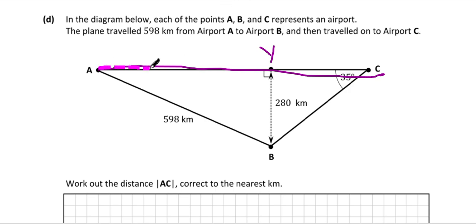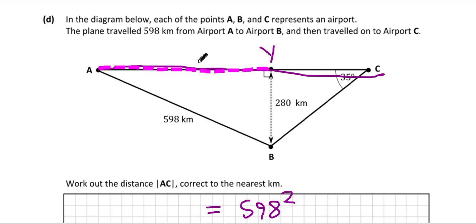Now, here's what we're going to do. We're all going to calculate the pink dotted line first. Everybody agreed? The pink dotted line belongs to the right angle triangle on the left. We're going to use Pythagoras' theorem to do this. What's the longest side in this triangle here? The 598. The longest side squared equals the shorter sides squared added together.